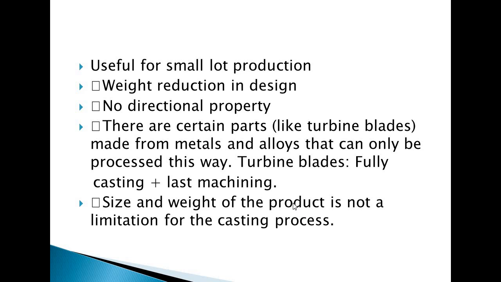There are no directional properties. There are certain parts, like turbine blades made from metals and alloys, that can only be processed this way. Turbine blades are made only by casting. We prepare a mold according to the design of the turbine blade, melt the material we want to use for the blades, and then pour this molten metal inside the cavity.